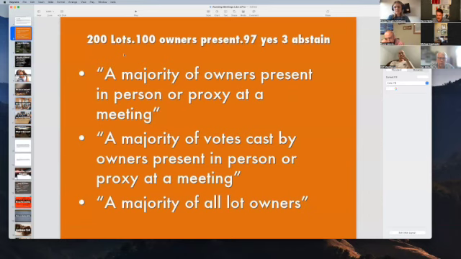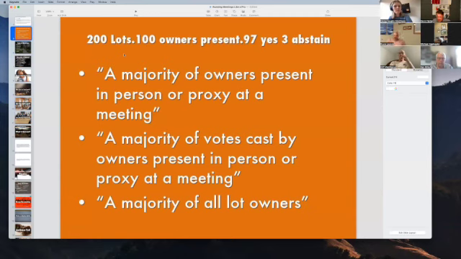But is there an argument that abstention is the casting of a vote? Under Robert's Rules, no. Abstention does not count toward the vote totals. So it'd be a majority of 97, which is what, Bruce? 49. Now let's look at the last one.